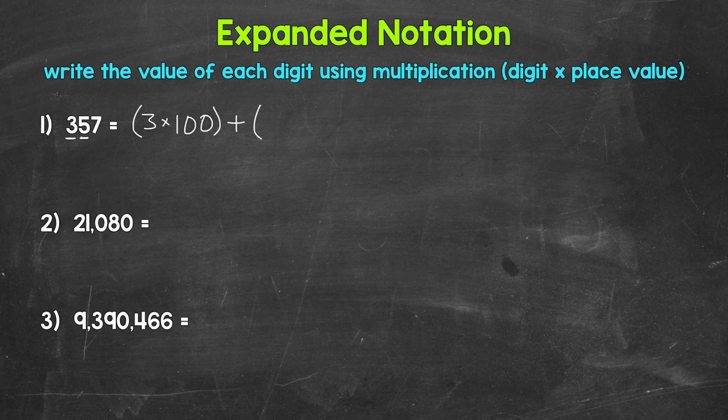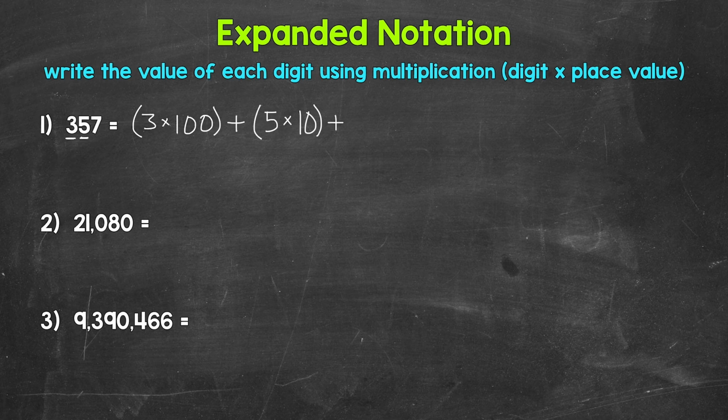So we can start our parentheses, and then our digit is a 5 times, well, this 5 is in the tens place, so times 10. And then we can end our parentheses. That 5 has a value of 5 tens, 5 groups of 10, which is 50.